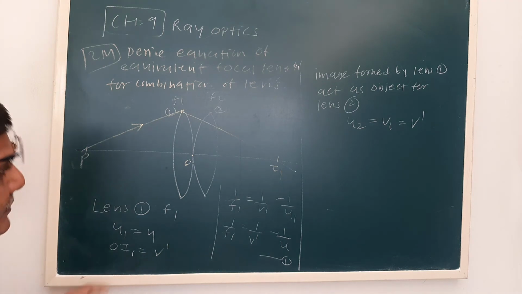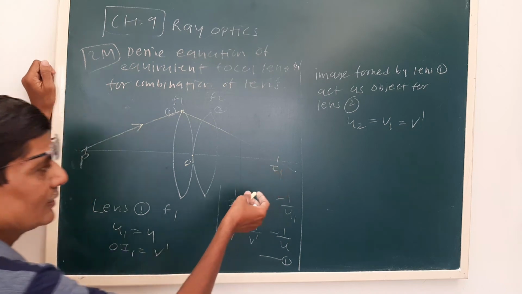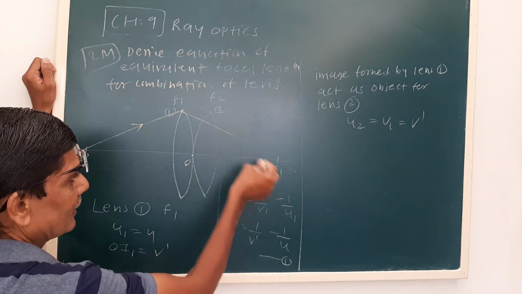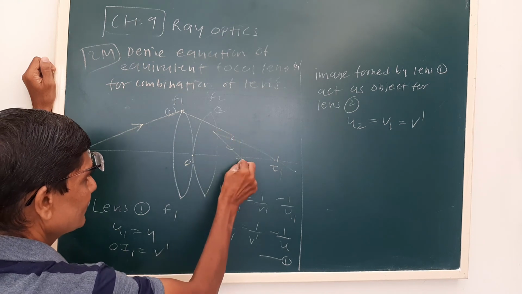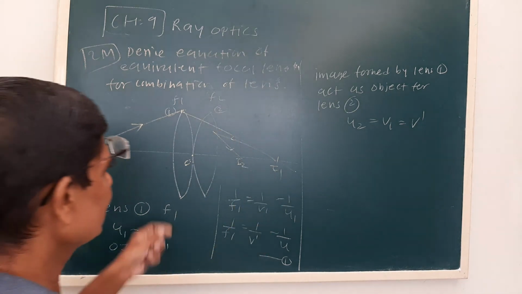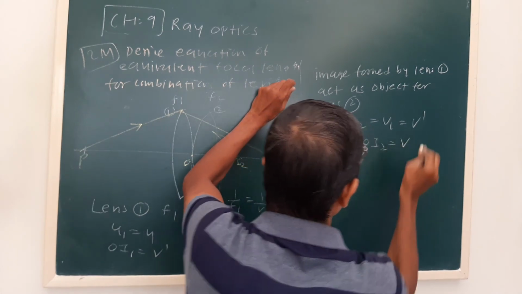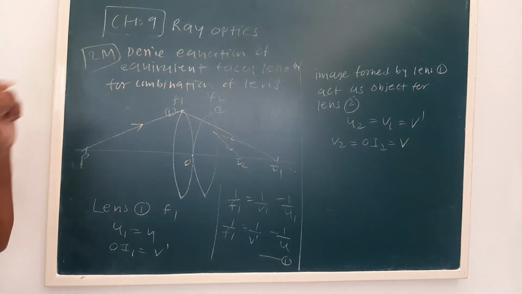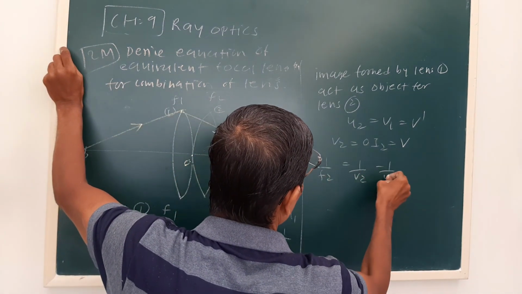Now we assume that the image formed by lens 1 acts as an object for the second lens. It will travel like this and finally we assume that the image is I2. So this OI2, v2, we can take as v.